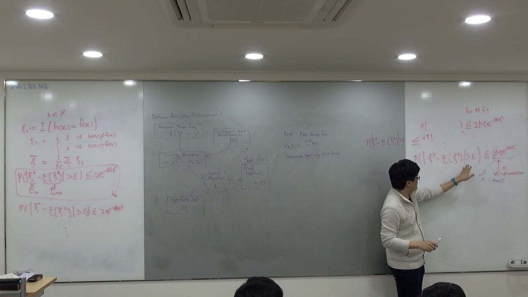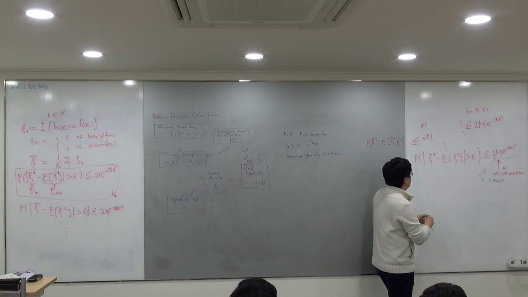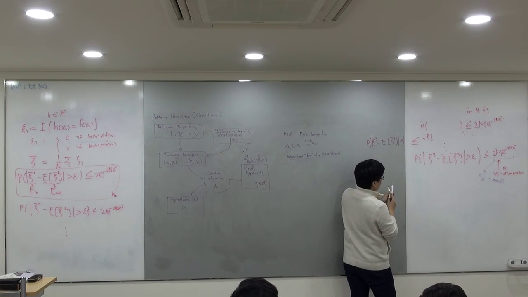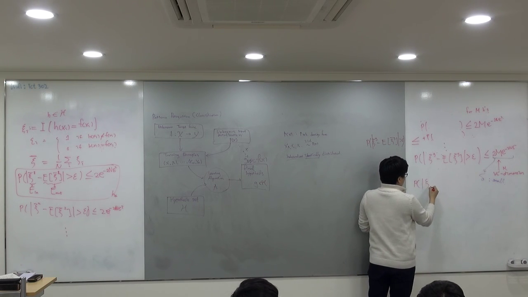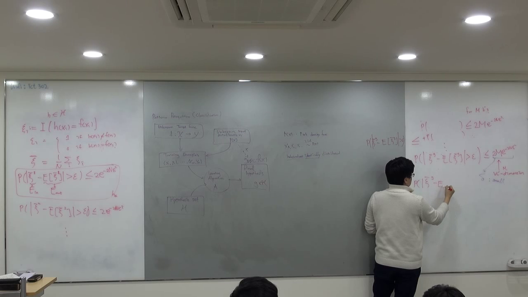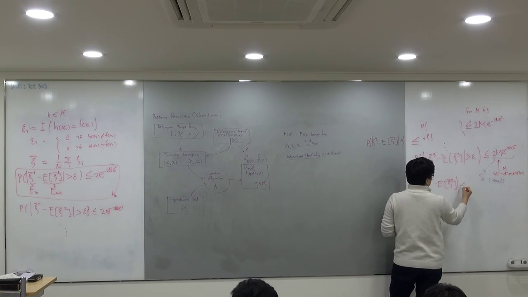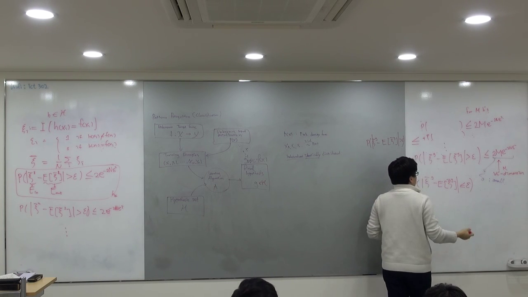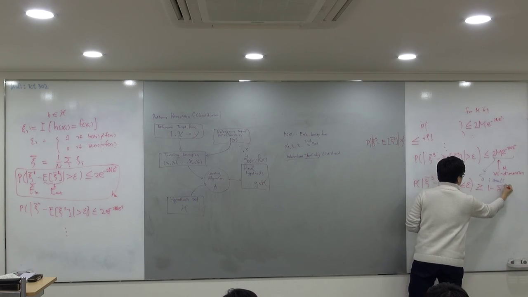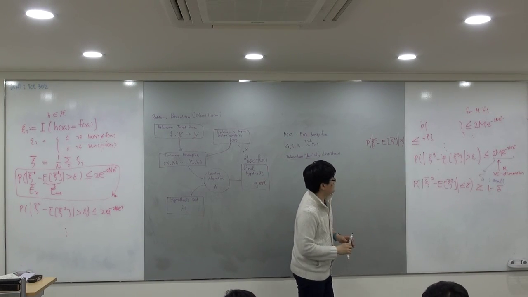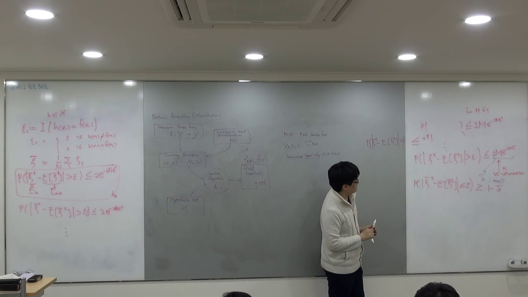I'm going to flip this inequality so that you get something larger than 1 minus delta. We can just prove it.